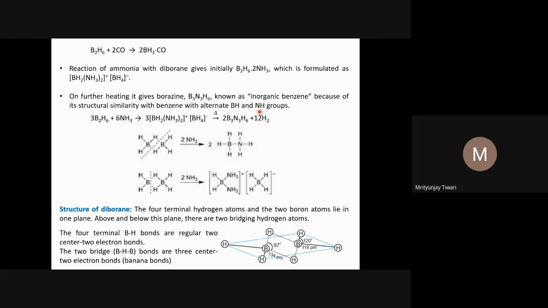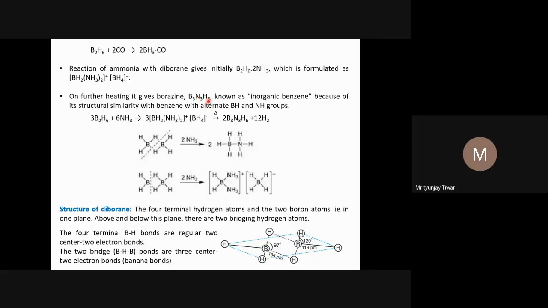So a BN group is isoelectronic to CC because the number of electrons is the same there. And so when 3 units of each are there, they will have the structural or isoelectronic property of the CH group. Similar to CH, BH and NH can be arranged alternately to form borazine, and this borazine we call inorganic benzene, and its formula is B3N3H6.